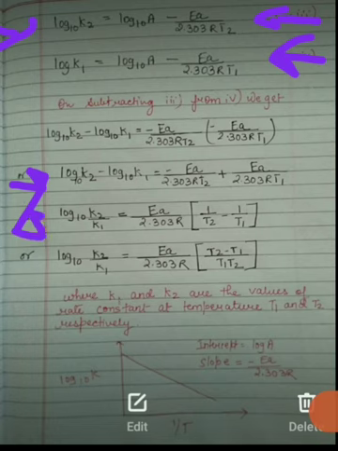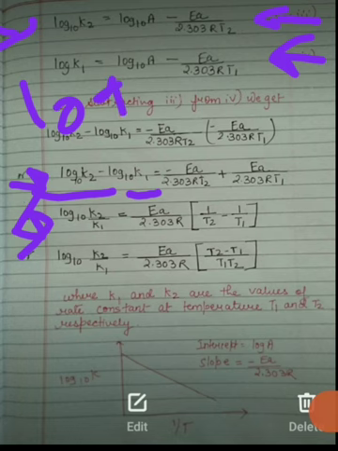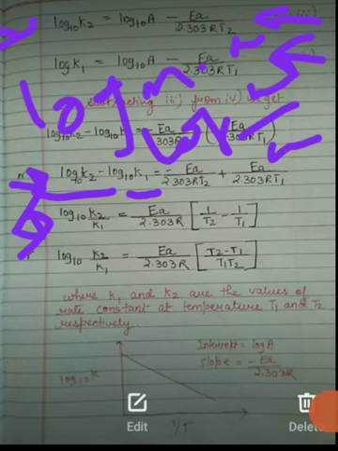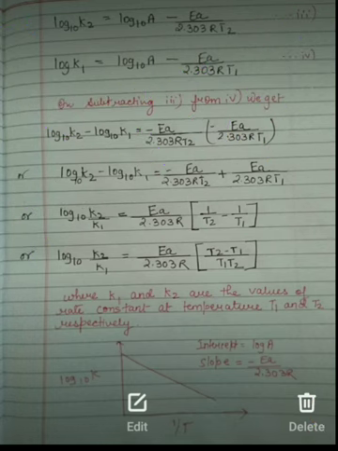Now proceeding, students, we have earlier discussed the formula log m - log n = log (m/n). So here the equation becomes log10 (k2/k1) = Ea/(2.303 R) taking Ea/(2.303 R) common, (1/T1 - 1/T2).